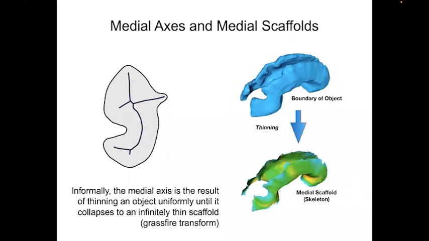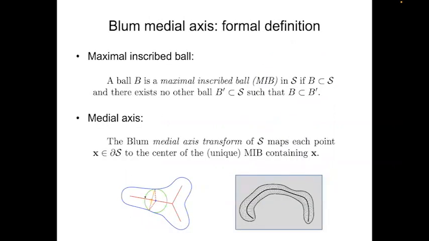A ball B is called a maximal inscribed ball in S, where S is an object or shape, if B is inscribed in S and there's no larger ball inscribed in S that contains B. So basically, it's a ball that you can't make any larger and still contain it inside of the object. And the medial axis is defined as the set of all centers of the maximal inscribed balls inside of an object.